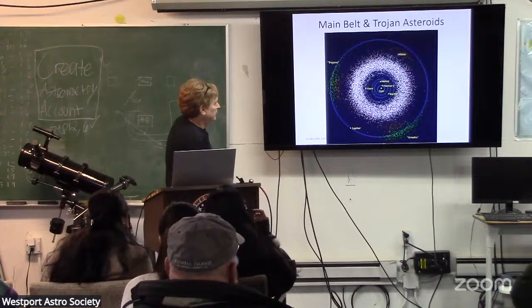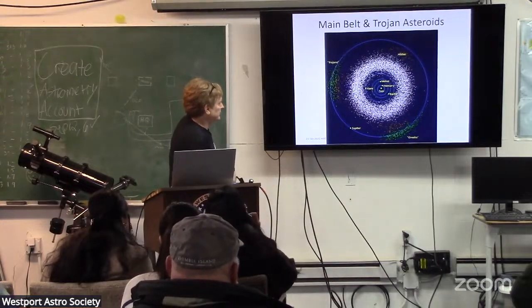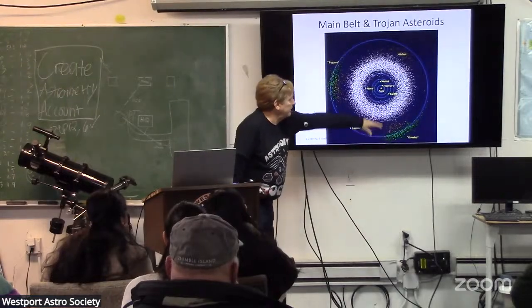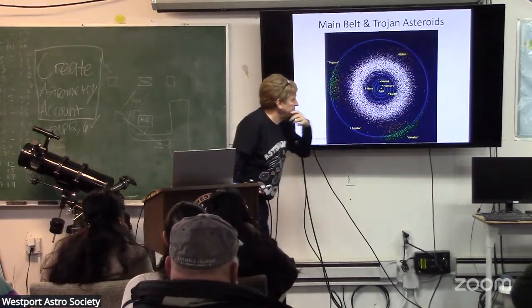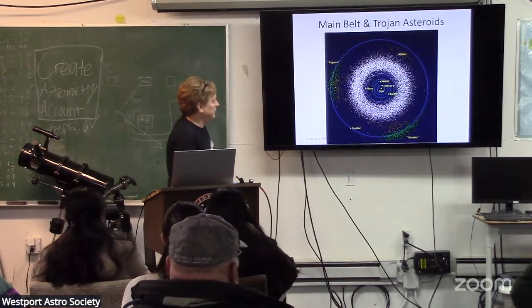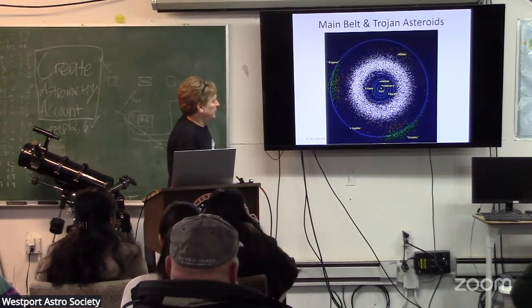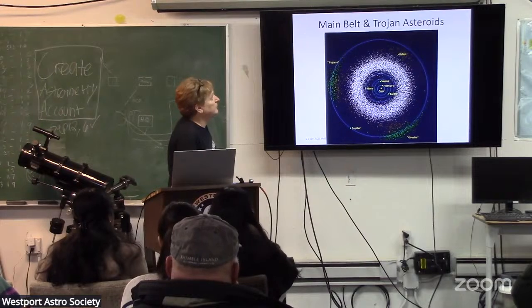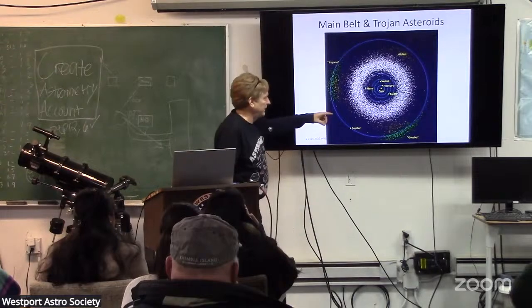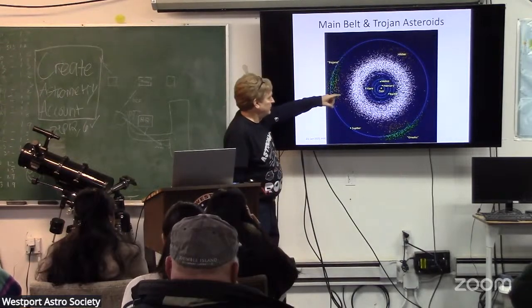There are 3 groups of those: the Trojans, which I think are behind, the Greeks, which are ahead, and then the Hildas, which are on the other side. These were most of the known asteroids up until about 30 years ago, when more were discovered beyond Neptune. Besides Pluto, because we thought Pluto was a planet, it actually is one of the objects in the area.